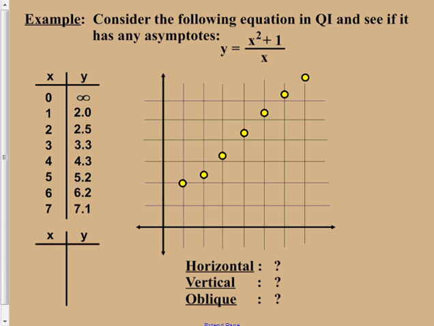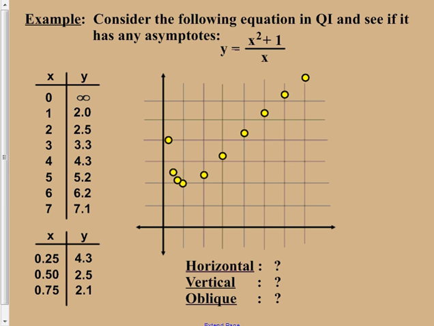So again, we will invent a few values in between positive 1 and 0 in the domain, and then see what the graph actually does. On those values, we would end up with these range values when we plug in the domain. Plugging those points into the graph, we end up with these points.